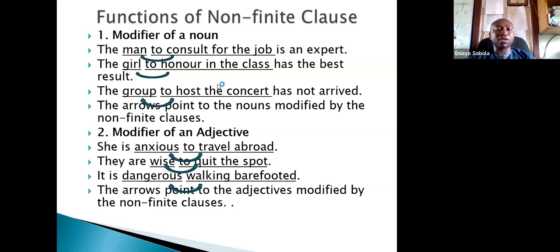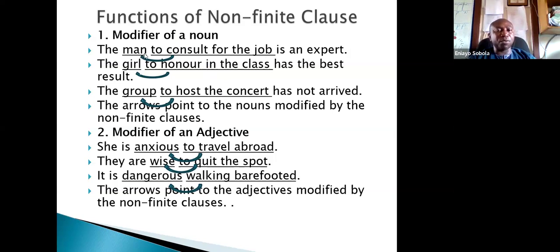And let's look at the functions of non-finite clause. A non-finite clause can modify a noun. So it can function as a modifier of a noun. For example, the man to consult for the job is an expert. Here, to consult for the job modifies the noun man.